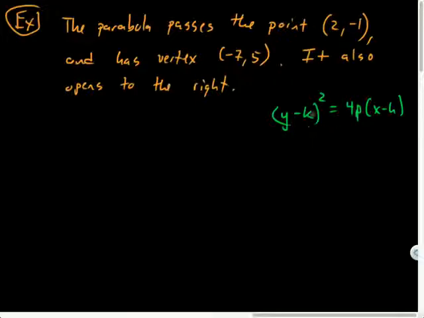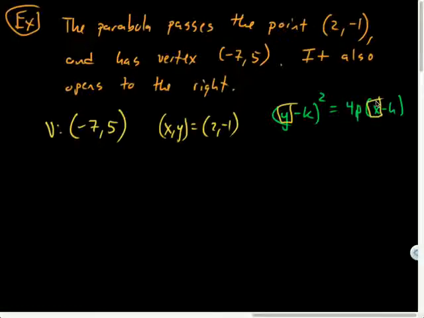That's the version of standard form that I'd choose. What other facts do I know? I know that the vertex is at negative 7, 5. I know this fact is the trickier one. That is just some particular x, y combination, 2, negative 1. All right, so that means if I plug that in for x and y, this equation would be true. All right, it's a point on the graph.